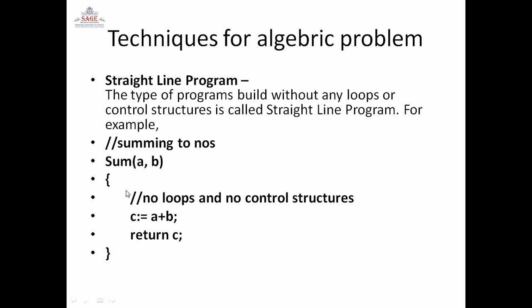So if here we have written an addition program, a simple algorithm: A plus B is assigned to C, and we return this C. If you want to eliminate this function, you can write a simple program also: int A equal to 10, int B equal to 20, int C equal to A plus B, and print that C itself. Okay, so this is a straight line program where we are not using any kind of control structure.